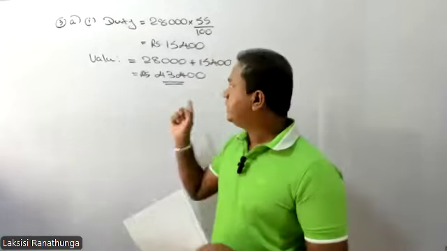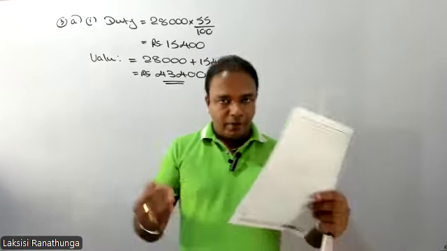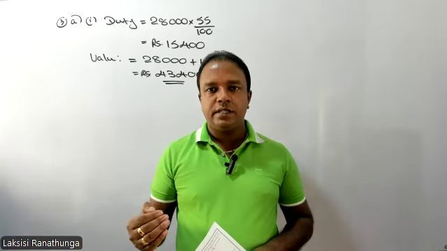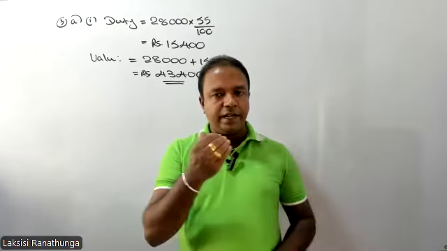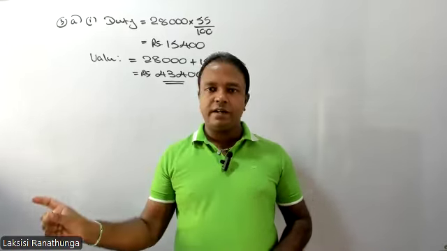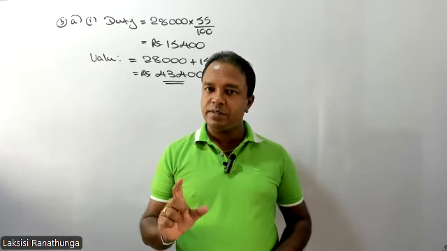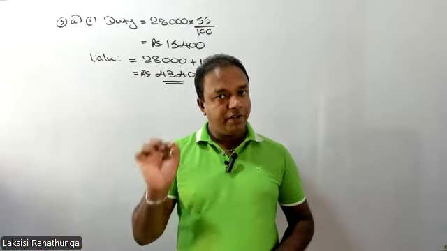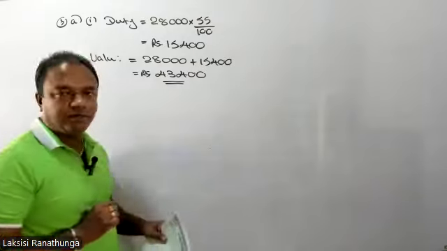Then you will obtain 43,400, because the import value 28,000, the duty 55%. If the import value 100, duty 55, total amount 155. Therefore, if we multiply 28,000 by 155%, you will obtain the final answer 43,400.